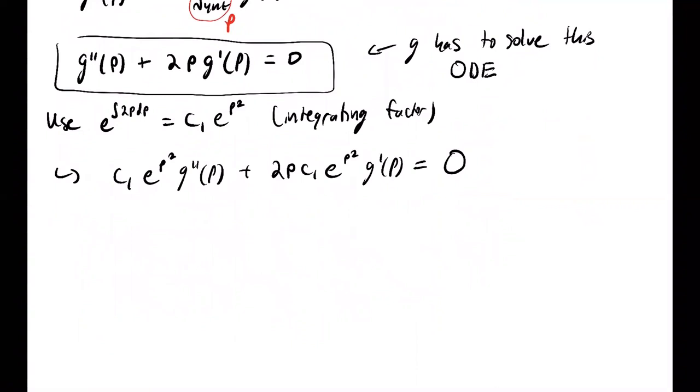And so you can observe that this is the derivative with respect to p of the function c1 e to the p squared times g prime of p. Right. You can check this by hand right now if you want, or just remember that this is what the integrating factor is chosen to do. It's chosen to allow you to write the left-hand side in this way.